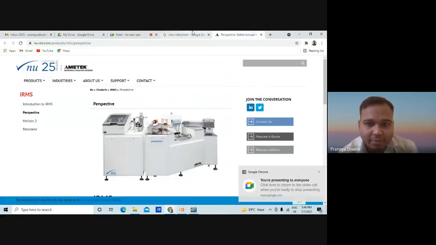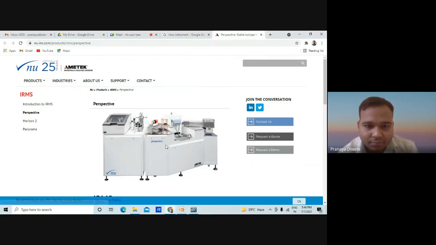I hope you are able to see this instrument. There are different companies which make this, but Thermo Fisher is one of the leading companies. And this is how you have a sample slot where you can put the sample for preparation.